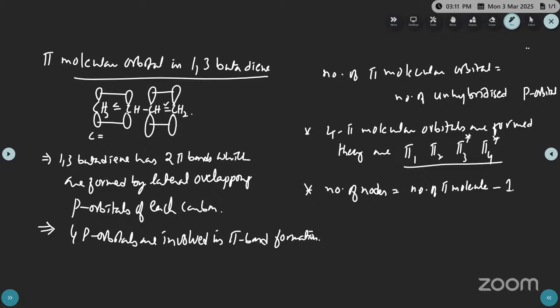For example, for pi 1, 1 minus 1 is 0, so how many nodes? Zero.